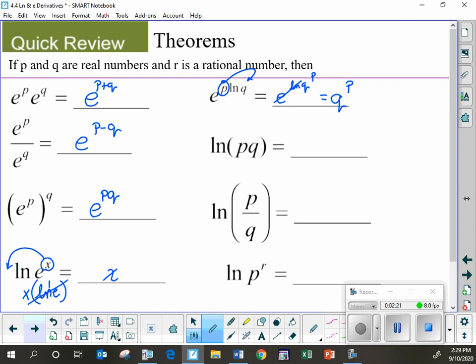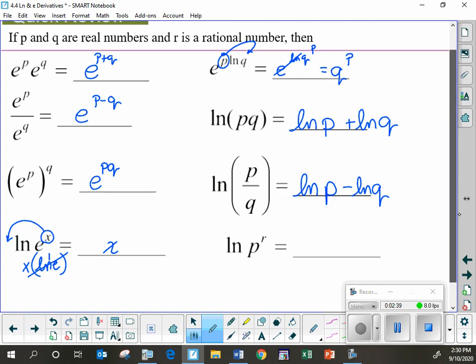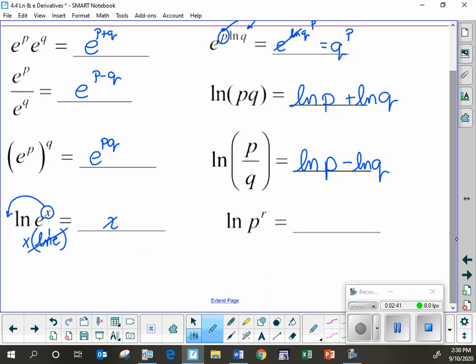This next one, natural log of p times q, we can expand that using the sum of 2 logs. And the quotient, we can break that into 2 natural logs. Sometimes it's easier to take the derivatives of this expanded version rather than the compact version.